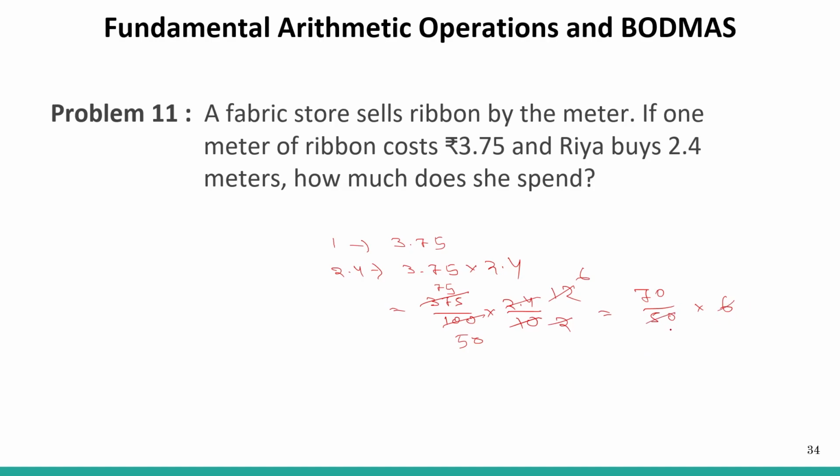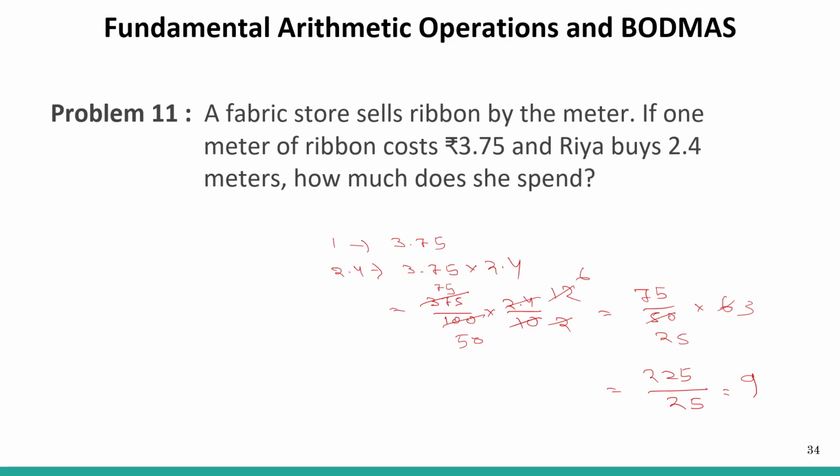This will be 25 and this will be 3, and this is not 70, this is 75, so 75 into 3, so 225 by 25, that is nothing but 9. 25 into 9 is equal to 225.